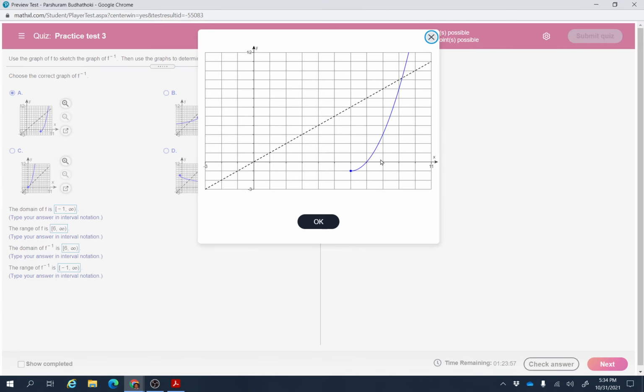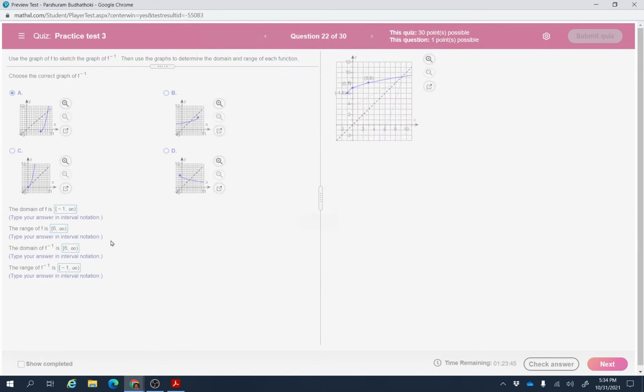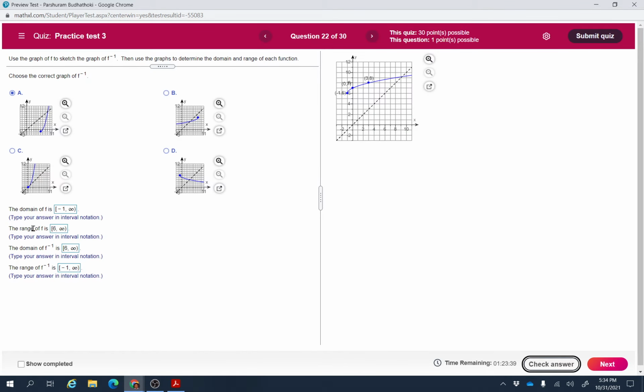The domain of f inverse starts from positive 6 and keeps going, there is no stop sign here. So the idea is the domain of the function would be the range of f inverse, and the range of the function would be the domain of f inverse. We are just switching the x and y coordinates for f and f inverse.